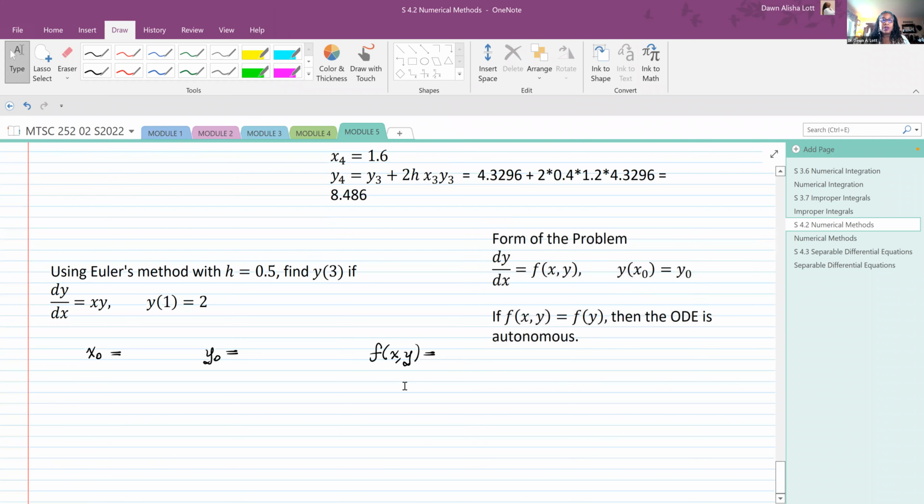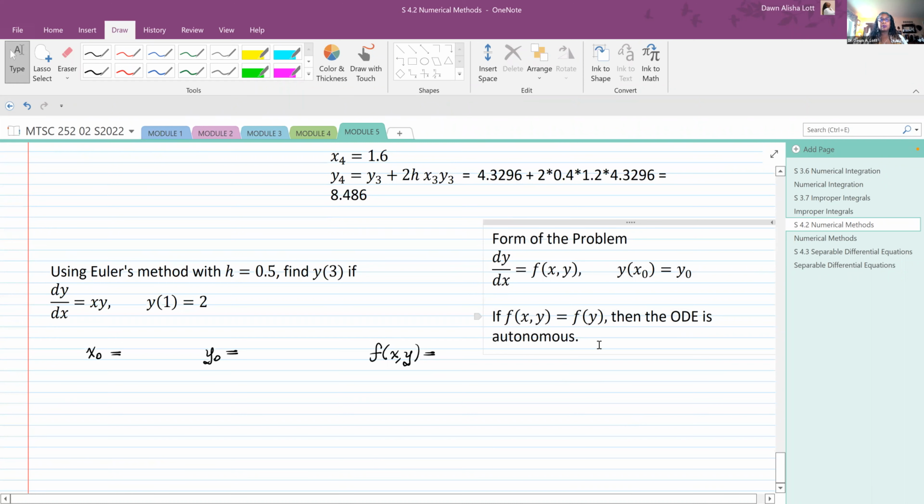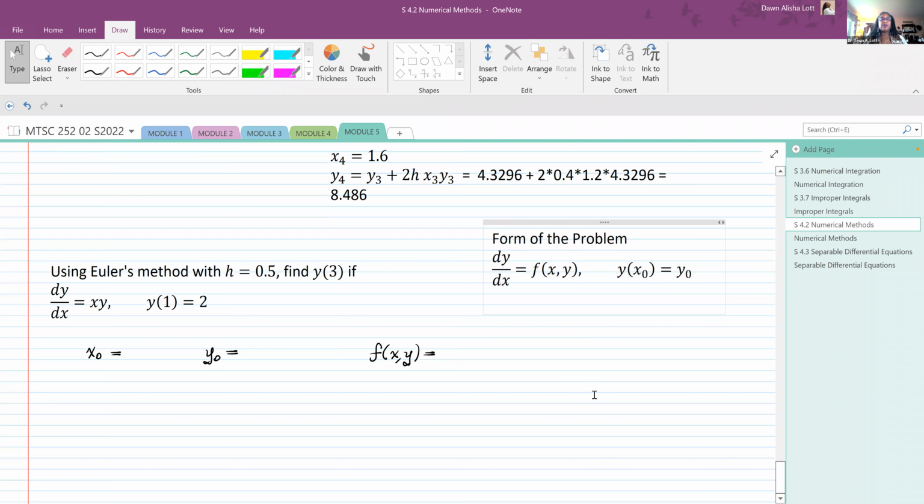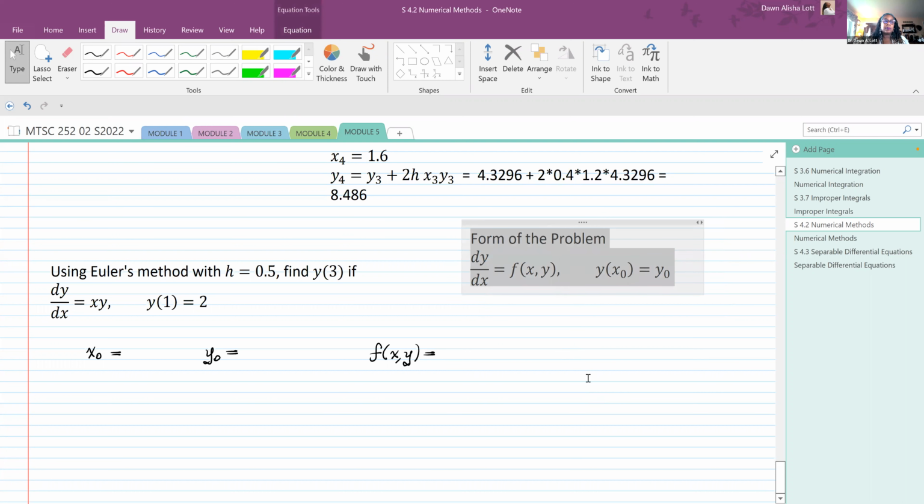Now look at the form of the problem. What is f of xy? It's dy over dx, and in this problem, what is it equal to? xy.